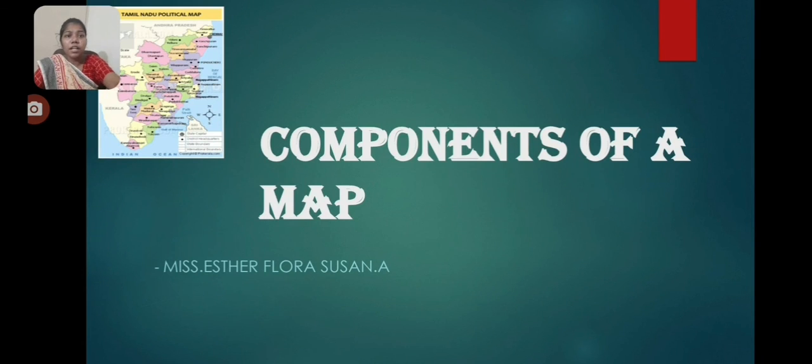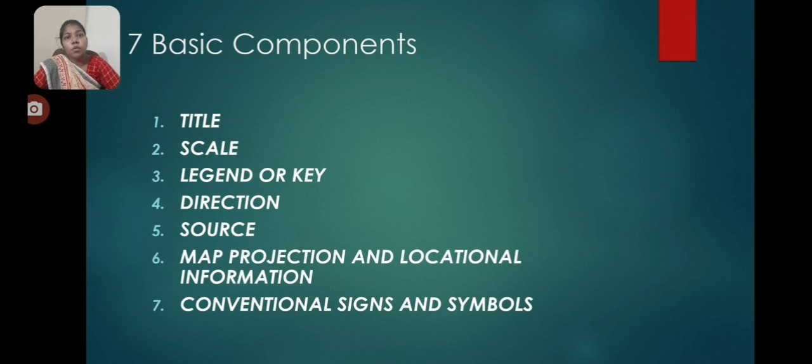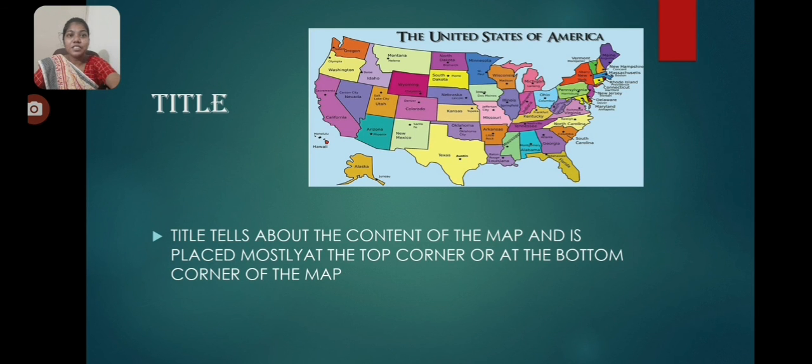Hope you all understood. So we spoke about title, we saw scale, we saw legend or key, we saw direction, we saw source, we saw map projection and location information. Also we saw conventional signs and symbols. So hope you all understood, girls.